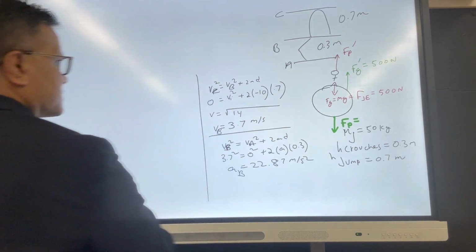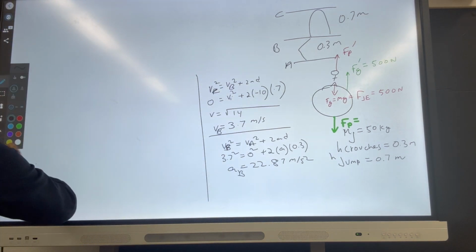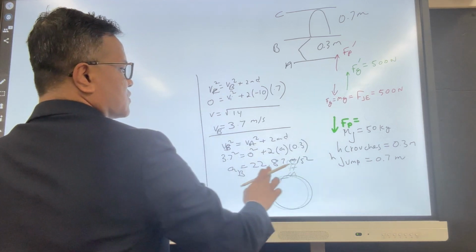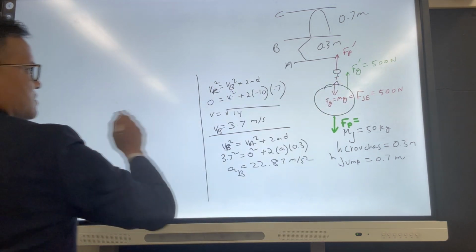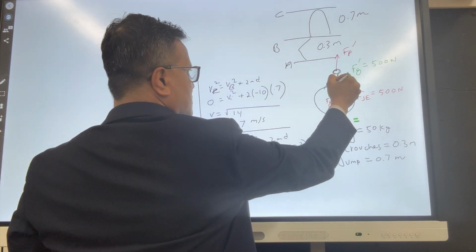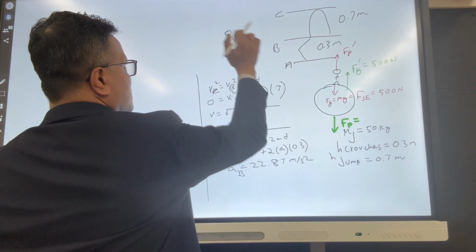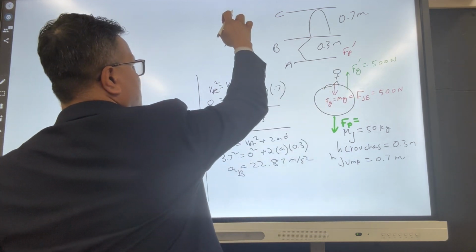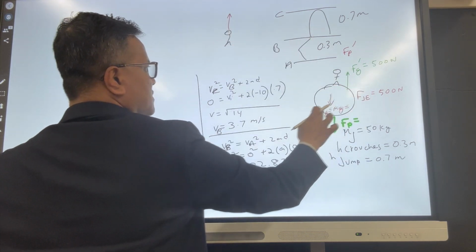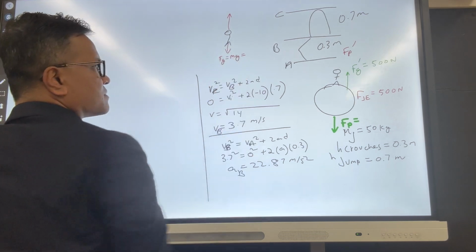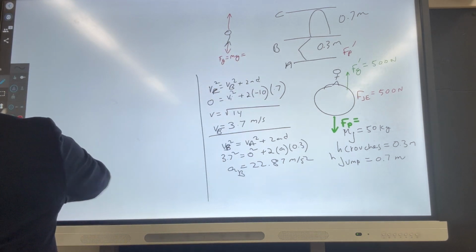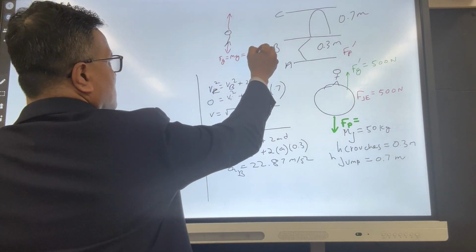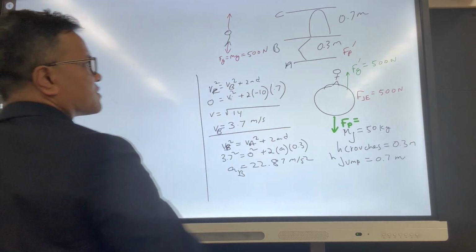Now we can separate out Josh. This is Josh, with this force acting on him and this force acting on him. This force is 500 Newton, and this other force we're going to try to find out.